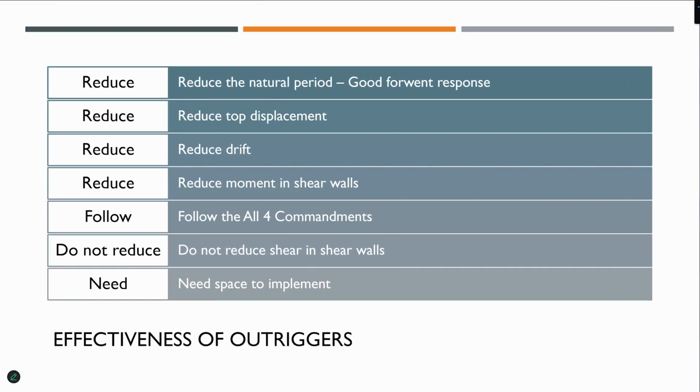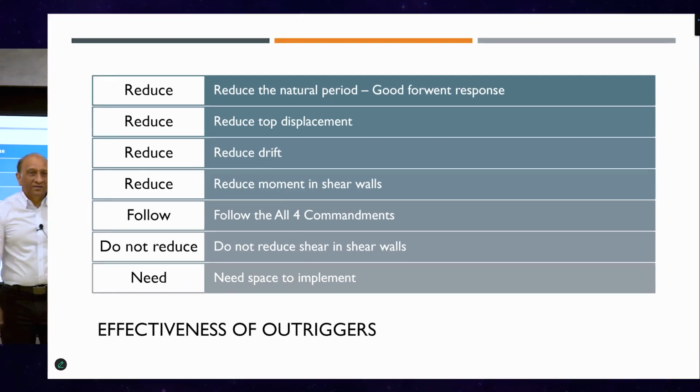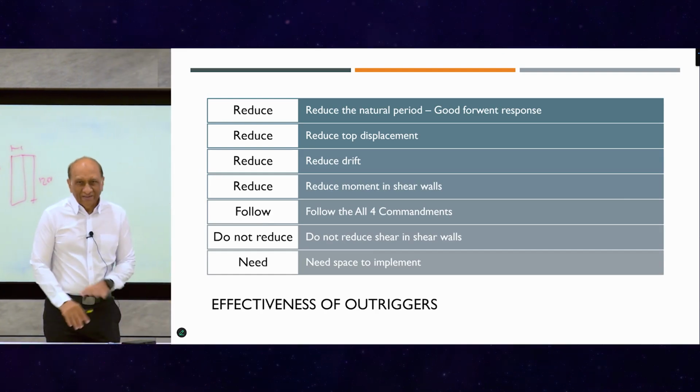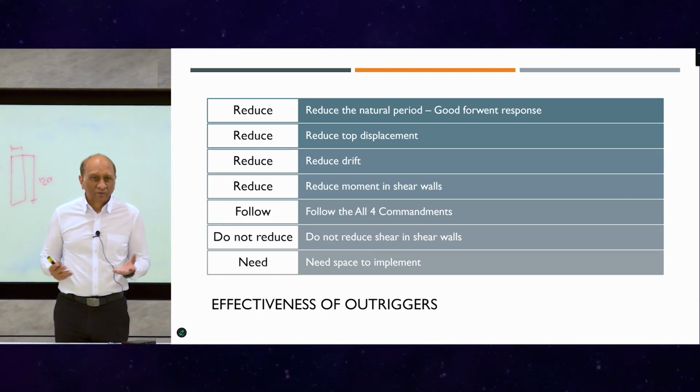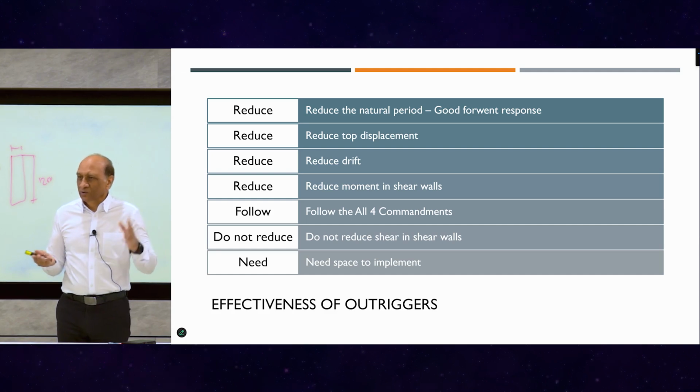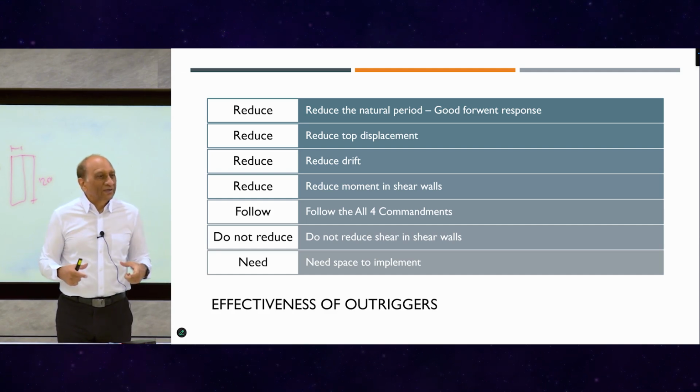It followed all 4 commandments that we talked about, and then the only thing it doesn't reduce is shear in the shear wall. There's no way for you to go around that, because we are converting the moment into axial, but the horizontal shear will still remain. So shear walls will still need to be designed for the shear, but not so much for the bending.